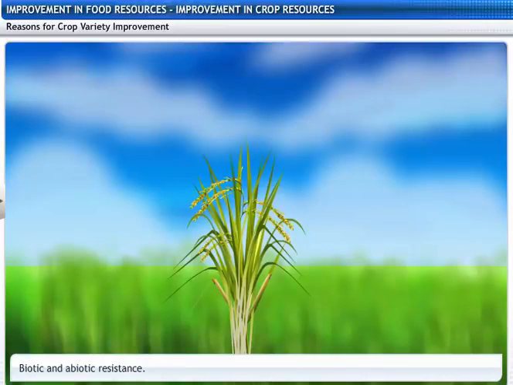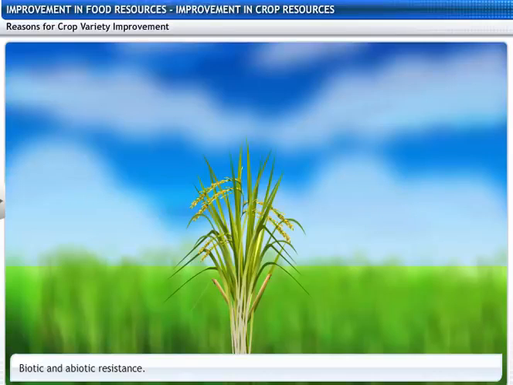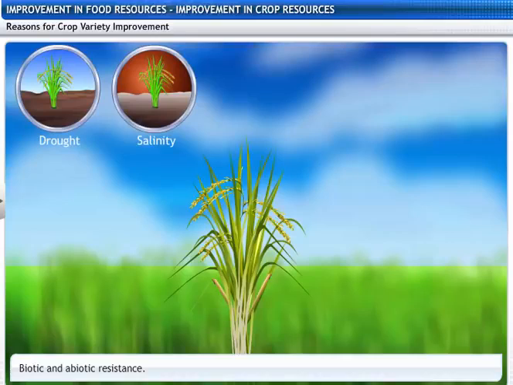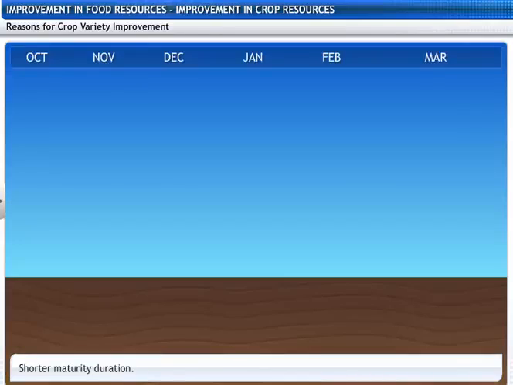A third reason is to develop crops resistant to biotic factors like bacteria and insects, and abiotic factors like drought, salinity, waterlogging, heat, and cold conditions.